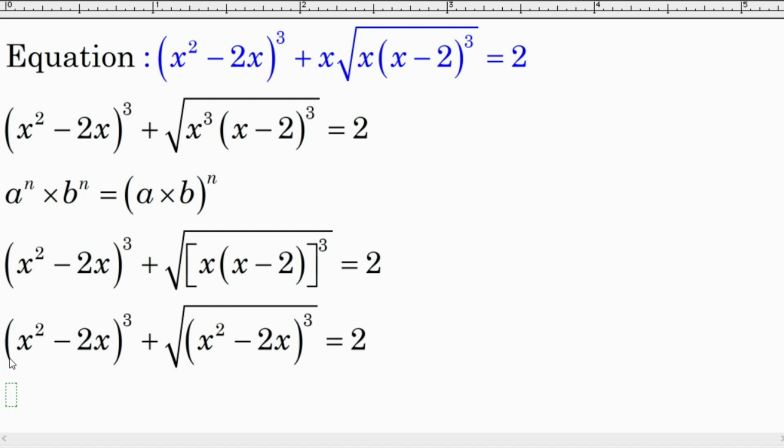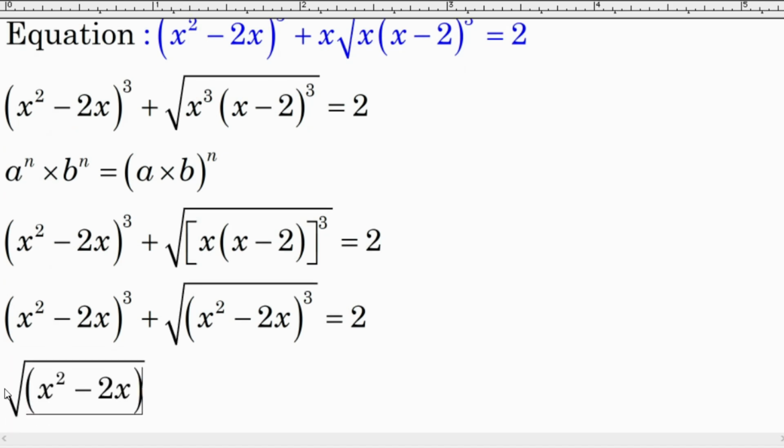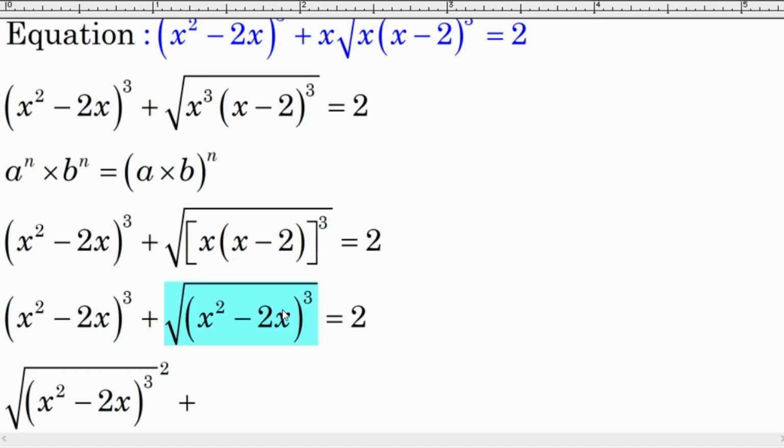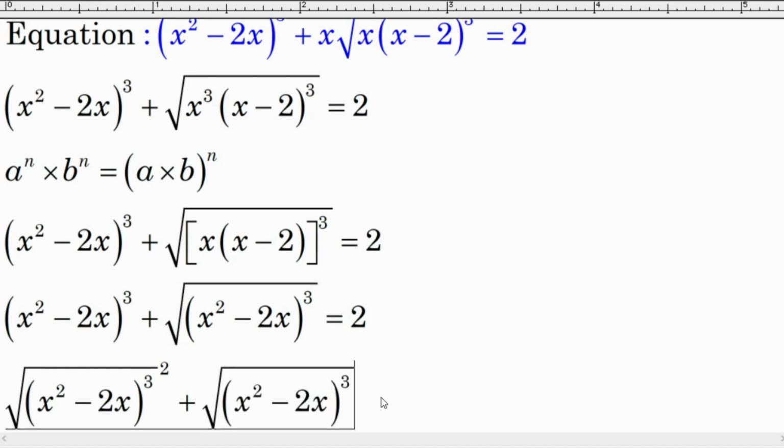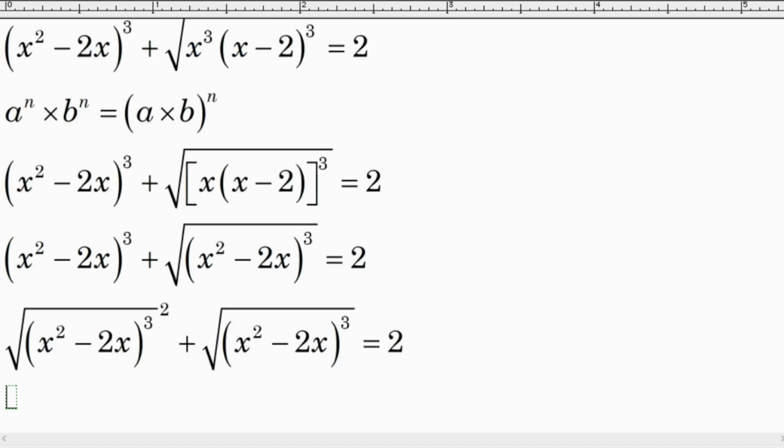For the next step, I'm going to put the square root of this and then raise it to the power 2. So we can put the square root of this raised to the power 3, all squared, plus the square root of (x² − 2x)³, equal to 2.